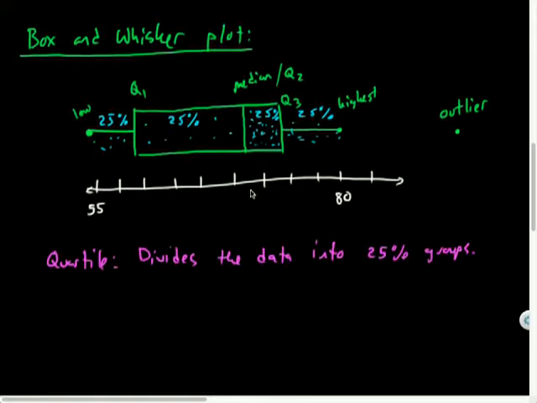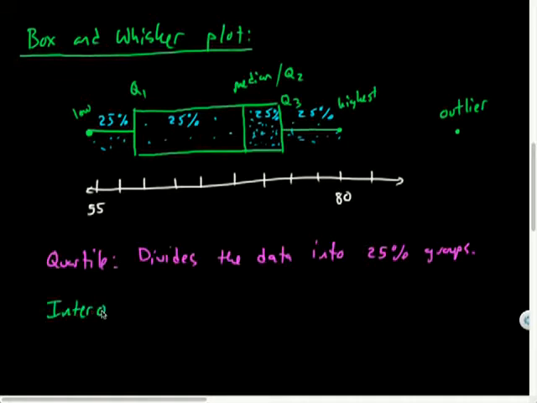Now, with quartiles, we have something called an interquartile range. I'll write it in green.